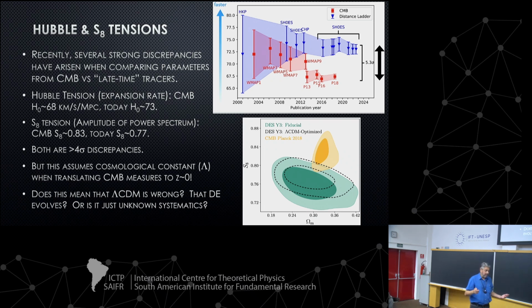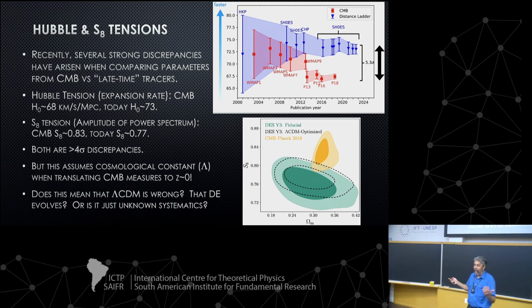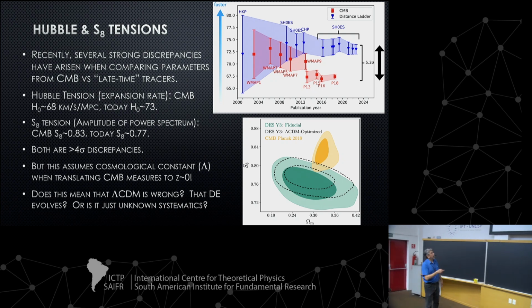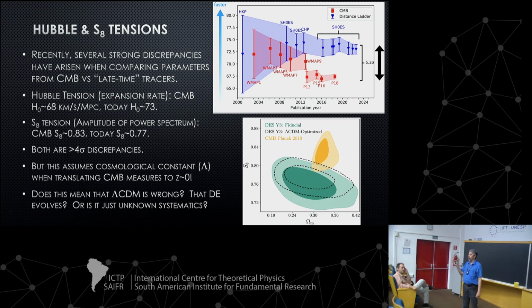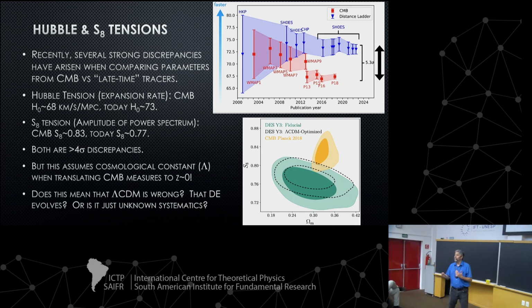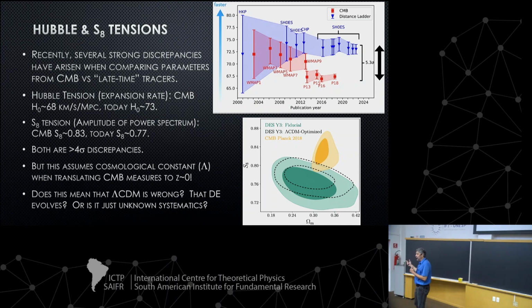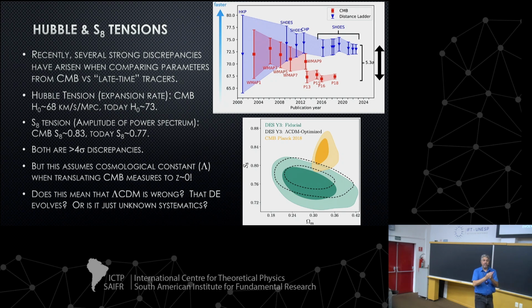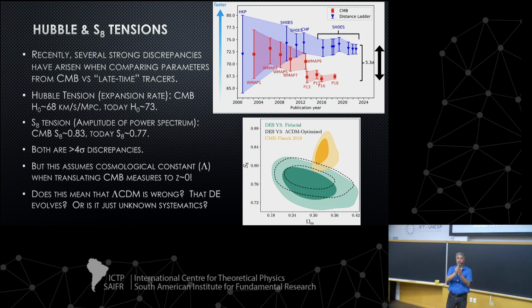Now, one thing is it could be just some systematics. We don't know, right? Maybe the period luminosity relation is not quite the same at higher distances, so who knows, right? But the more exciting possibility is the fact that we're measuring things at 2 different times. We're measuring the things at the CMB time, redshift 1100, and to compare it to redshift 0, we have to assume a model. We have to assume lambda CDM to put it all on the same plot.